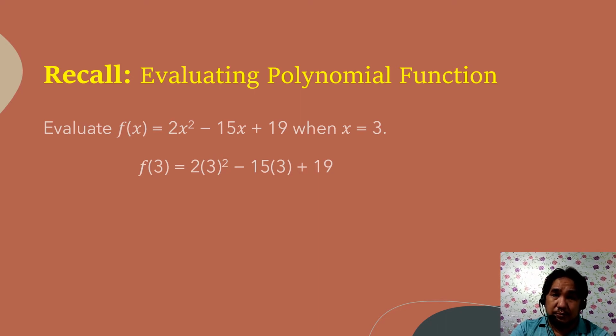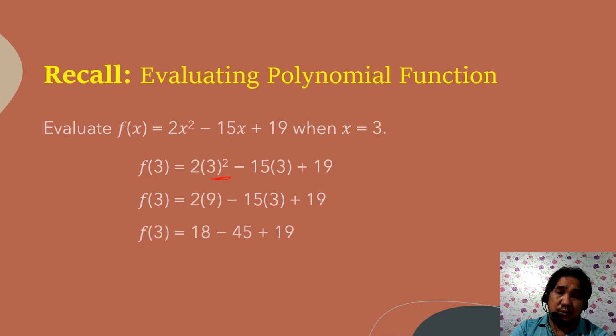So from 2x squared, it becomes 2 times 3 to the power of 2, while the 15x will be 15 times 3, then copy the 19. 3 squared is equal to 9, and after that we multiply. So 2 times 9 is 18, negative 15 times 3 is negative 45, then copy the 19.